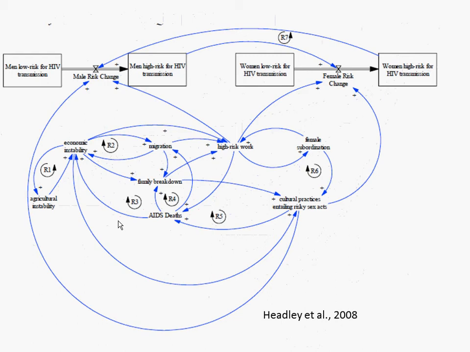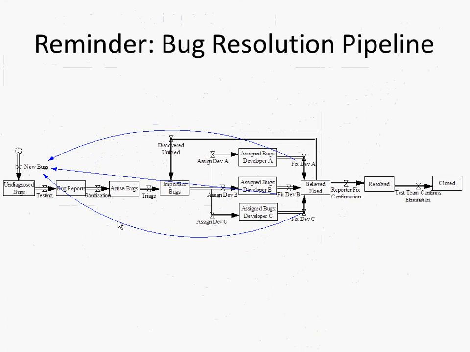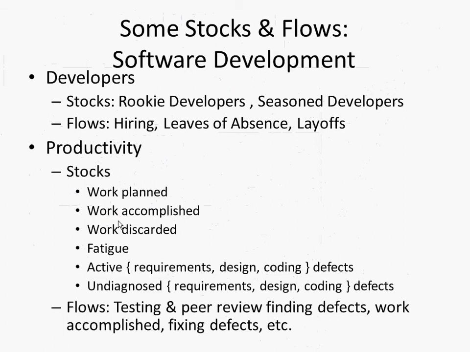Okay, this is from software engineering, showing different states of bugs. If people had seen me in 371 today, they actually would have seen that diagram in a separate context. So let's talk about some stocks and flows, ladies and gentlemen. For example, in the software developer area, we might have stocks associated with different types of developers: rookie developers and seasoned developers.